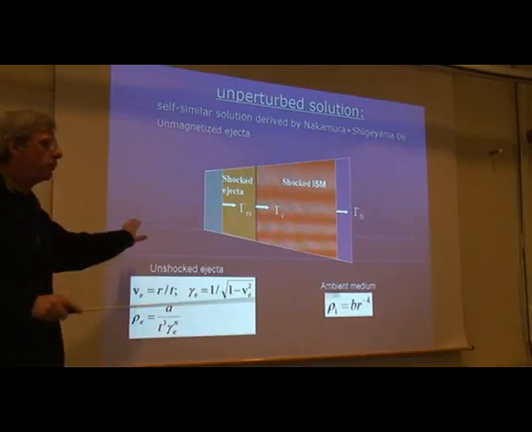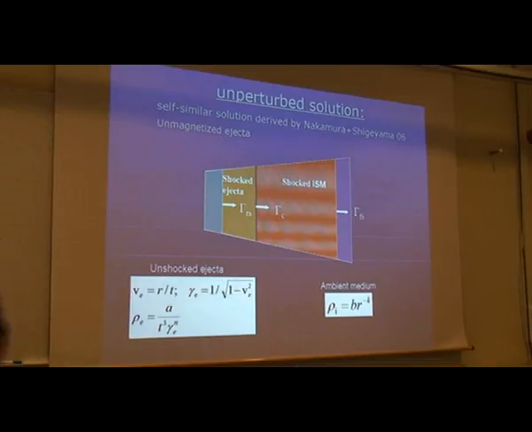This is a self-similar solution. The question is how representative this is of a real situation where you have roughly uniform density, uniform velocity ejecta. Uniform density in which frame? In the proper frame.